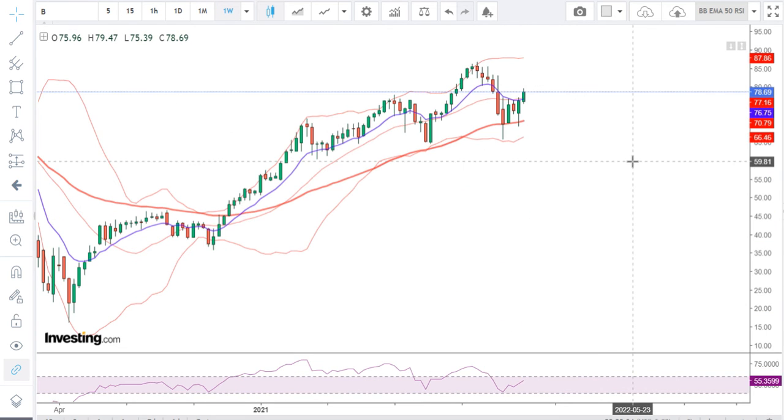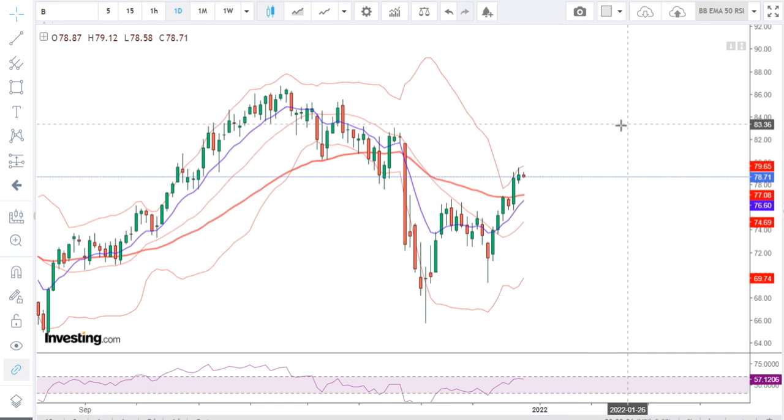On the weekly time frame, what we see, it took support at that 50 period moving average, and is also trying to close this week above the center band. If it is able to close this week, that is on Friday, above the center band, that being the case, some sort of bullishness may be seen.